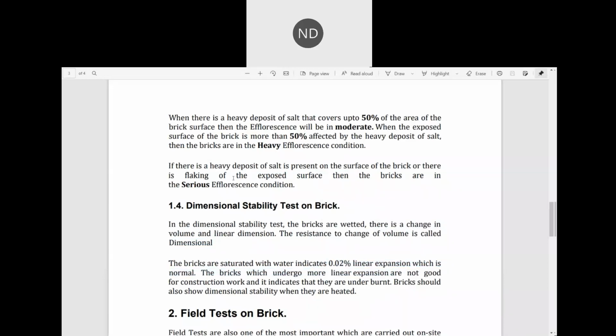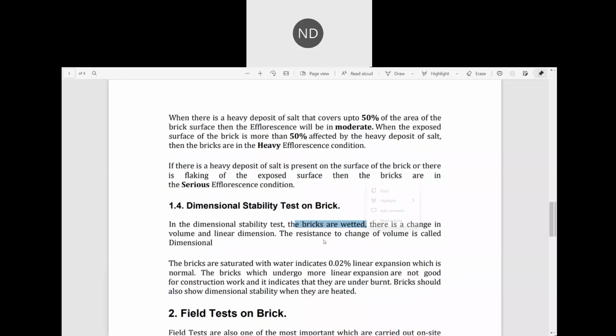So this is another test, which is your dimensional stability test on brick. That means we are testing the stability of the dimension of the brick, right? When we wet these bricks, there is some kind of volume change.